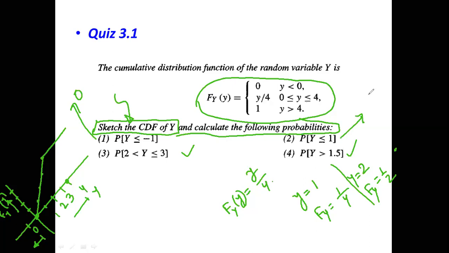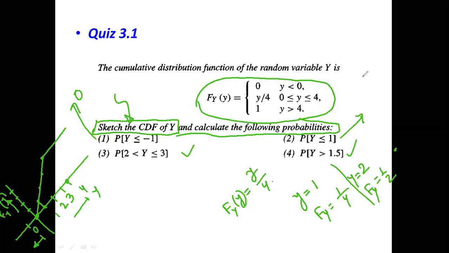Sir, the probability of y less than or equal to 1 is 1 by 4. Yes. Actually, when I'm talking about the probability of less than 1, I think it is 1 by 4, isn't it? Because CDF means the probability before that particular point.